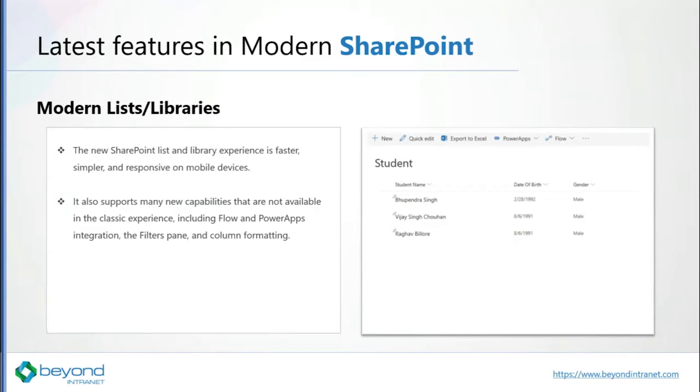So as you're working with these lists and libraries, you can bring in other resources that you might be using in the cloud. In addition, Power Apps integration is possible, and many things are possible in addition to easier filtering and conditional formatting as well.